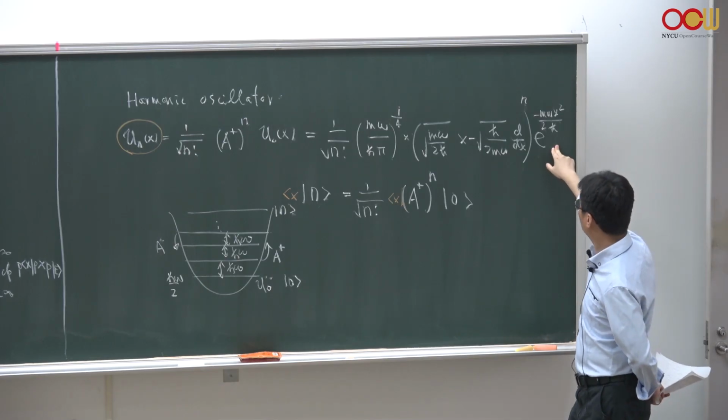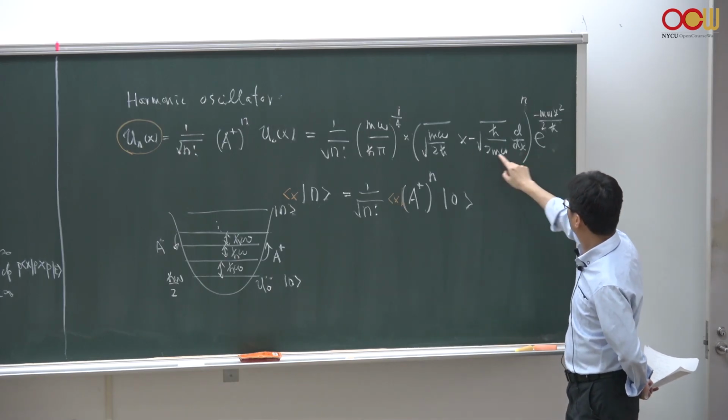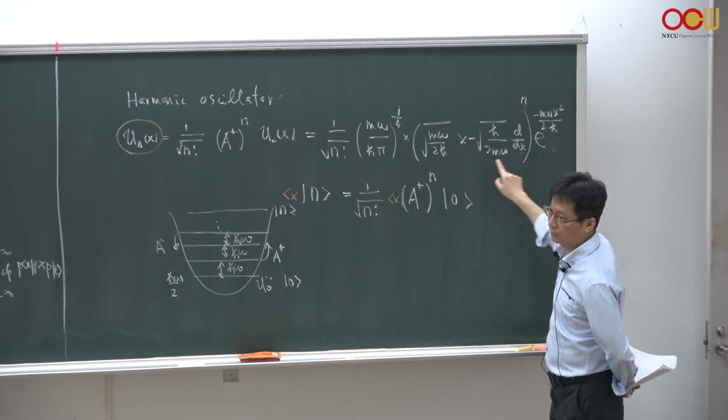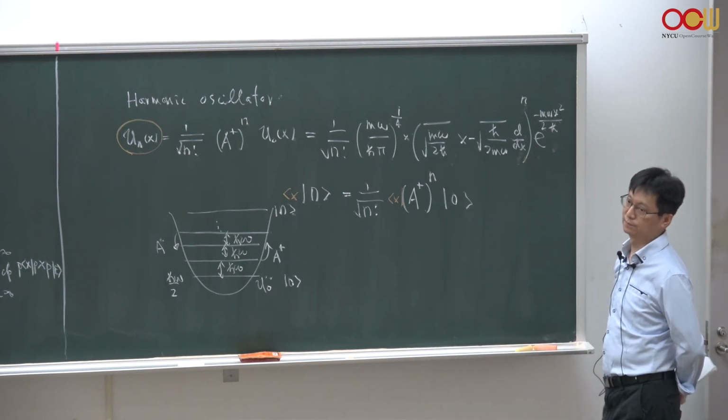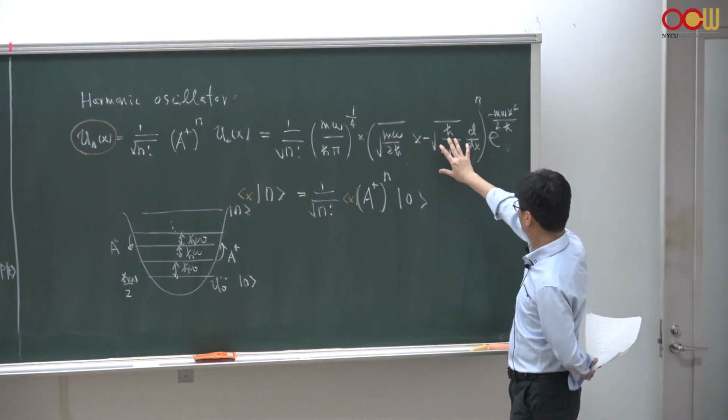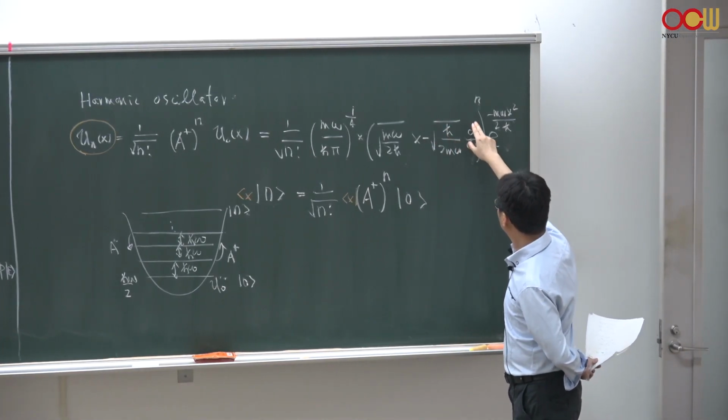Remember, in that bracket we have the linear combinations of x and p, but p is nothing but d/dx, of course times this h bar factor.